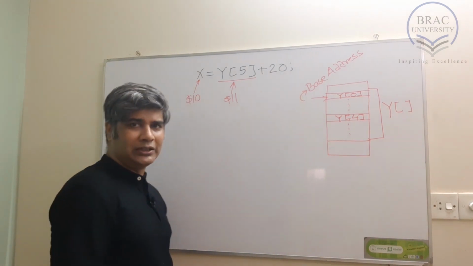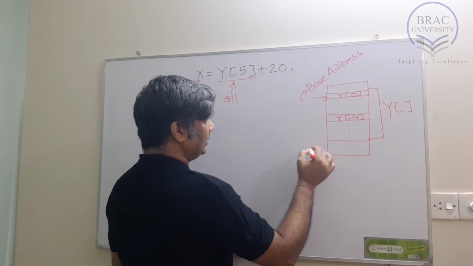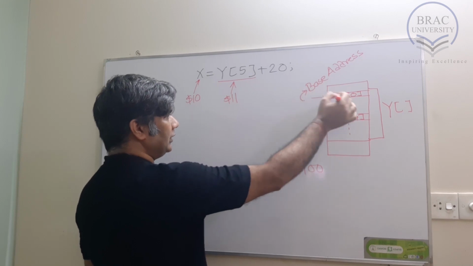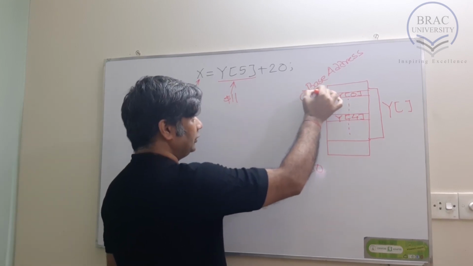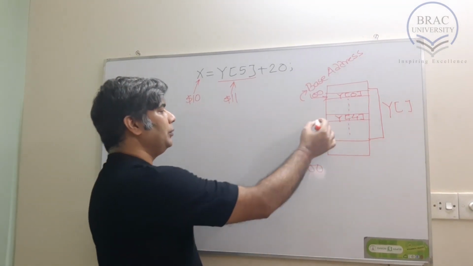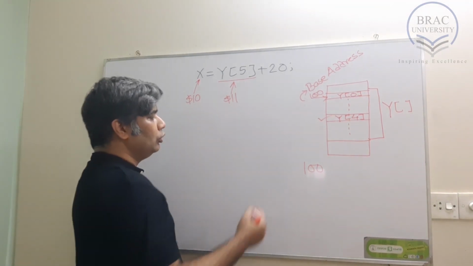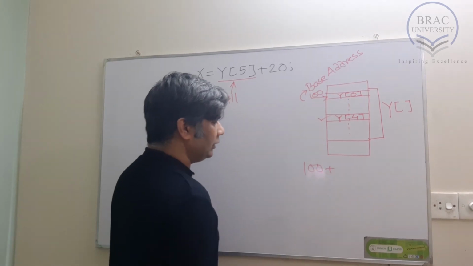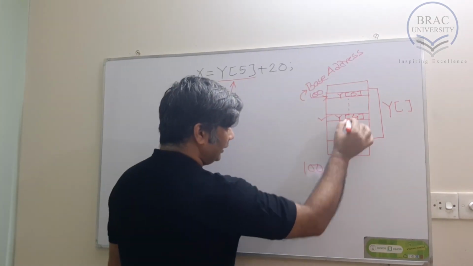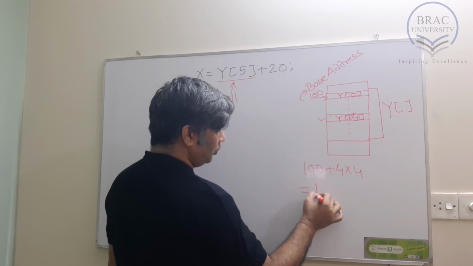Let's say the starting address of this array is 100. So this is the 100 memory location. Now, how can we find the memory address of array element y[4]? We need to add to this base address the index, that is 4, multiplied by 4, which gives 116.